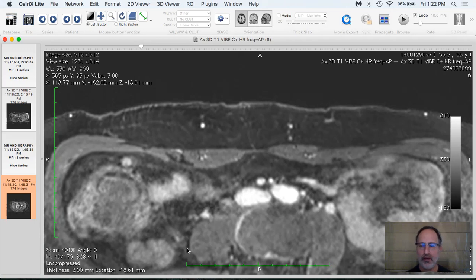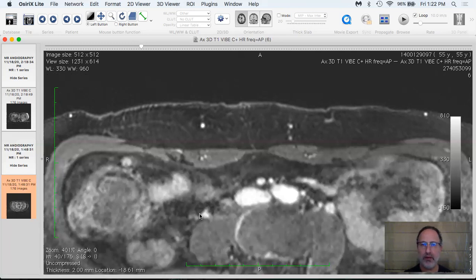The P in perforator flap is for the perforator, or the blood vessel, that moves through the muscle, or perforates through the muscle, in order to supply blood to the overlying skin and fat. So the MR angiogram is absolutely essential in the planning of perforator flap breast reconstructive surgery.